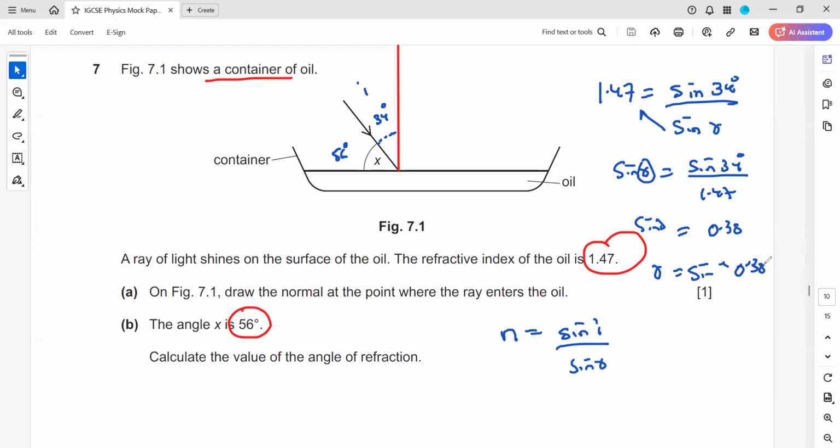Press shift sine 0.38. 22 degrees is the angle of refraction. No, 23, I got a math error. Exactly, so after rounding it off, it will be 23. Okay, 22.3.